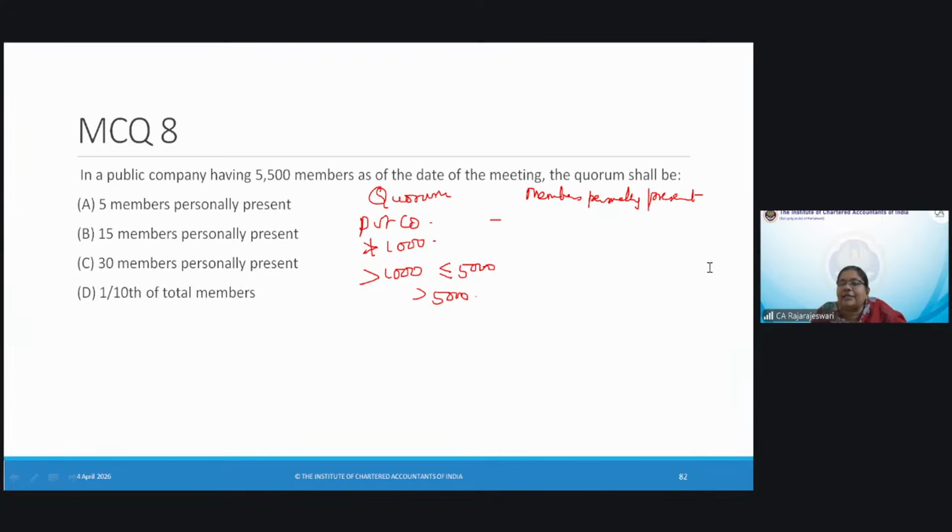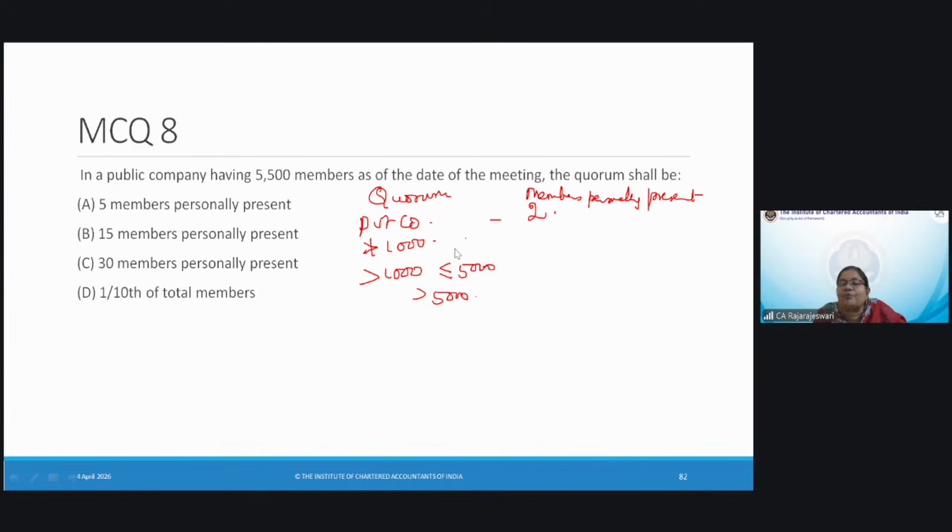So, what should be the answer? Many are giving the correct answer. See, what is the rule for a private company? Two members personally present, for more than 1,000 members.